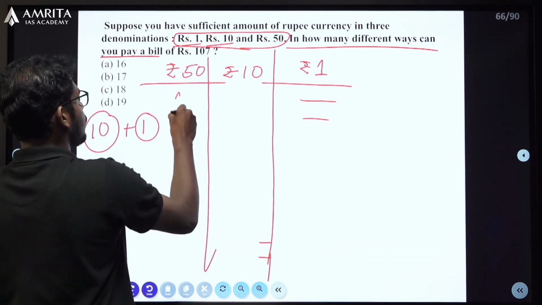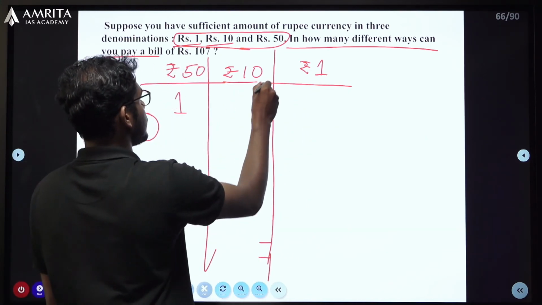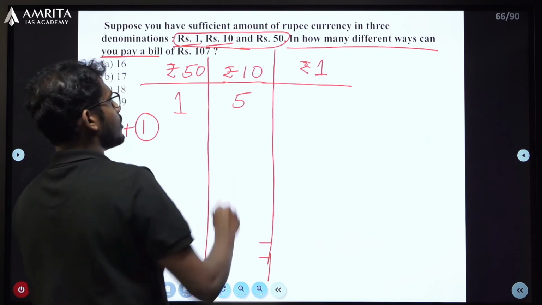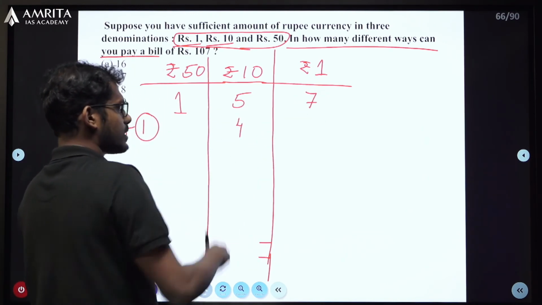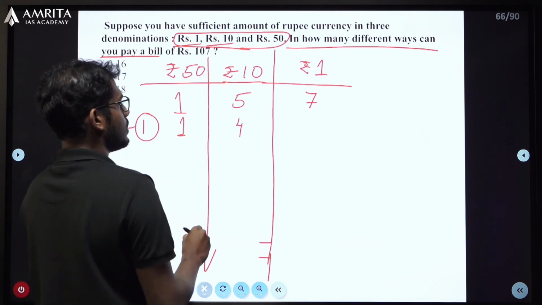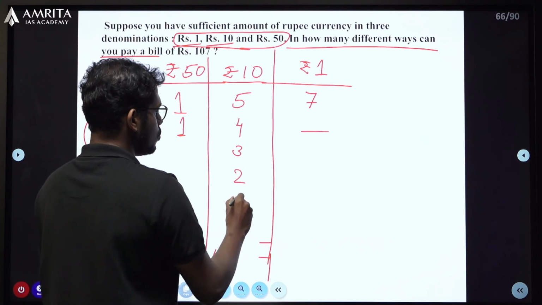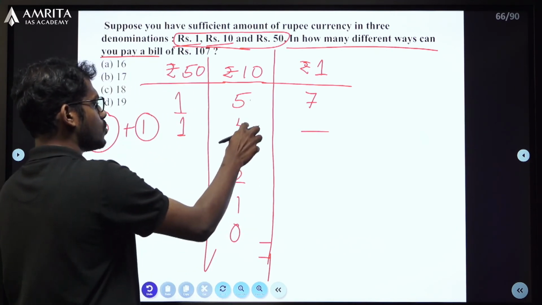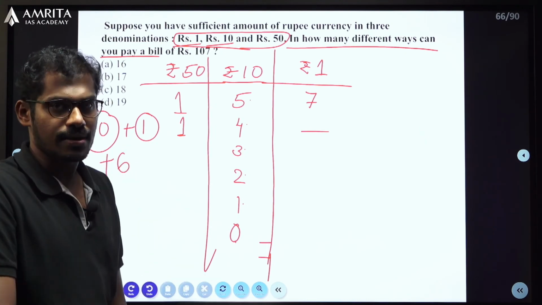Suppose 1 50 rupees used, then the possibilities are 5 10 rupees can be used and 7 1 rupee can be used, 4 10 rupees can be used and the remaining 1 rupee can be used, 3, 2, 1, 0. So 1, 2, 3, 4, 5, 6 possible additional possibilities are there.